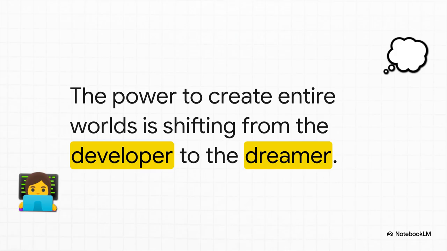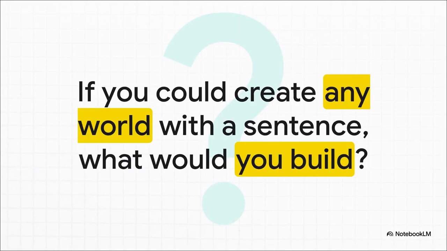It shifts to the dreamer. So I'm just going to leave you with this thought. For basically all of human history, this has been a purely hypothetical question, right? Something out of a book. But with technology like Genie 3, it is suddenly becoming very, very real. So, if you could create any world at all, with just a single sentence, what would you build?